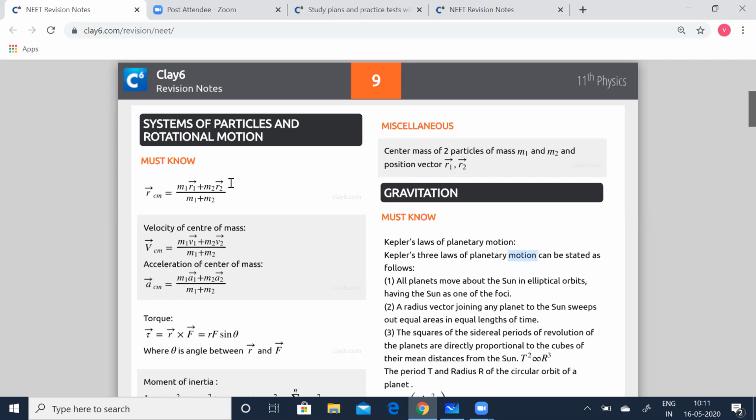Same way, you can also compare the equations of translatory motion. Like v is equal to u plus at. Here the equations of rotational motion are omega 2 is equal to omega 1 plus alpha t. Then s is equal to ut plus half at squared.